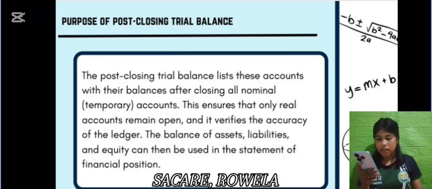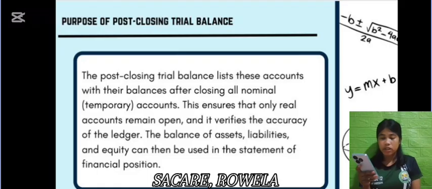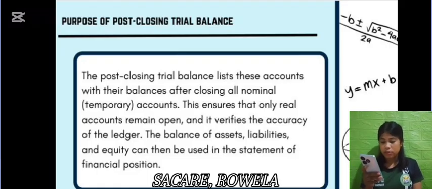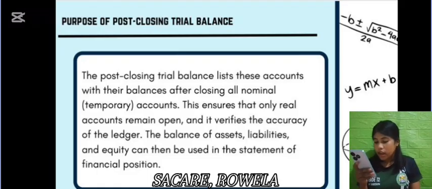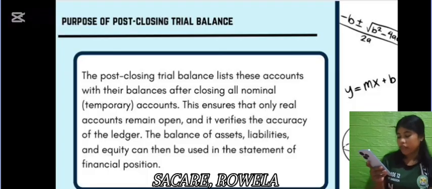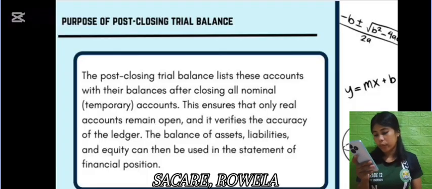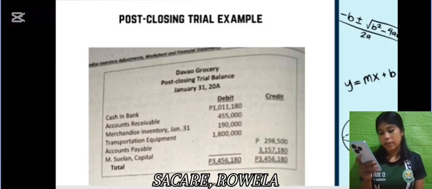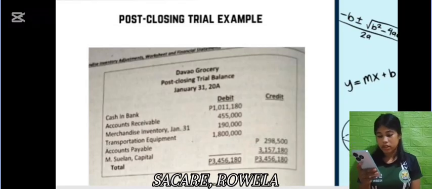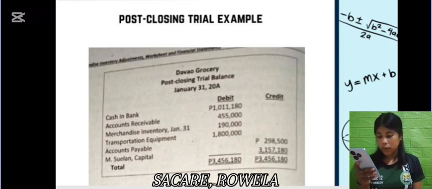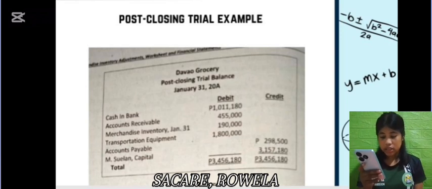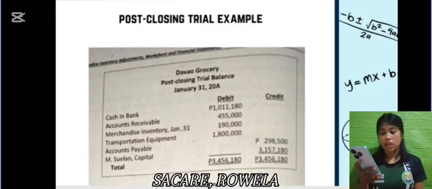Sa cash in bank is 1,011,180, and accounts receivable mao ni 454,000. Then sa merchandise inventory as of January 31 is 190,000, and the transportation equipment is 1,800,000, and this represents the assets of the business.